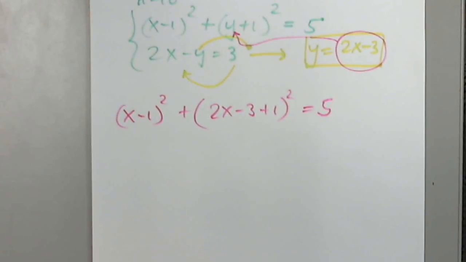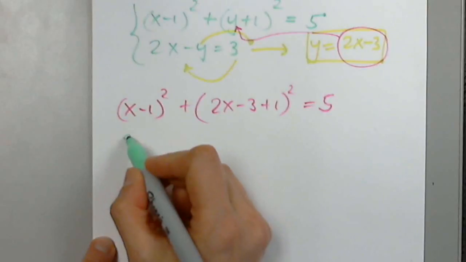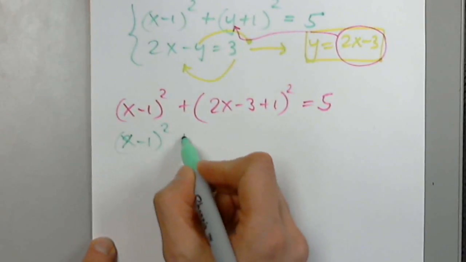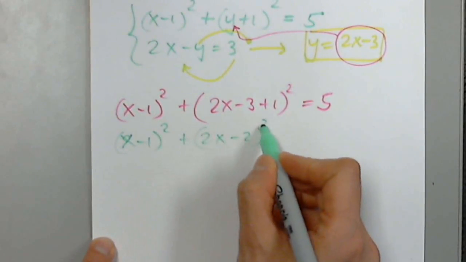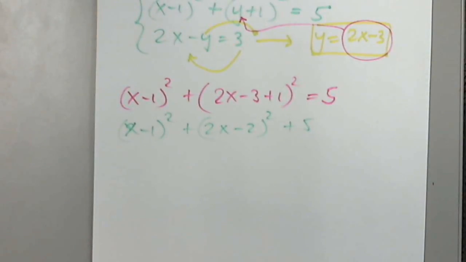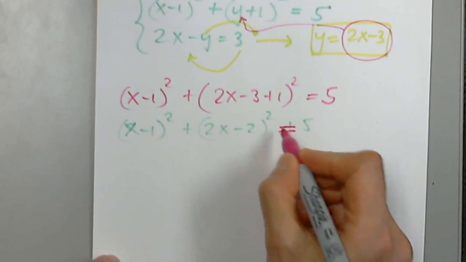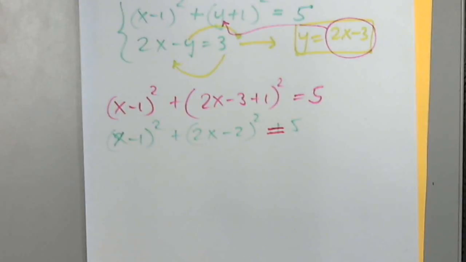Yes, very good. So I will write (x minus 1) squared plus (2x minus 2) squared equals 5. Perfect. It is not plus, I'm sorry. I don't know why I wrote plus. My apologies. Good. What now?